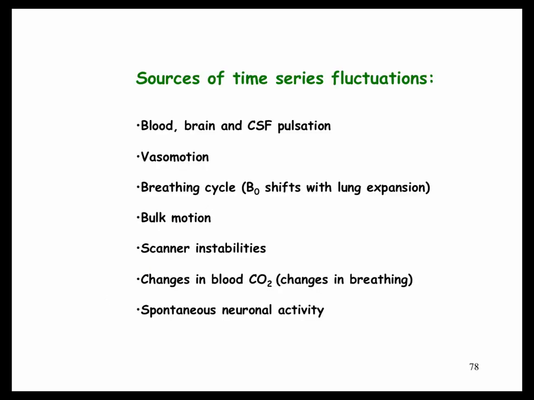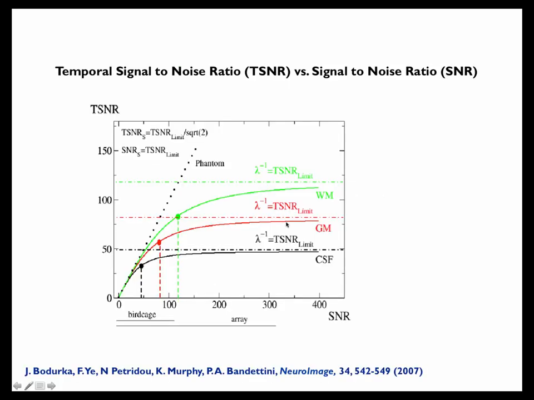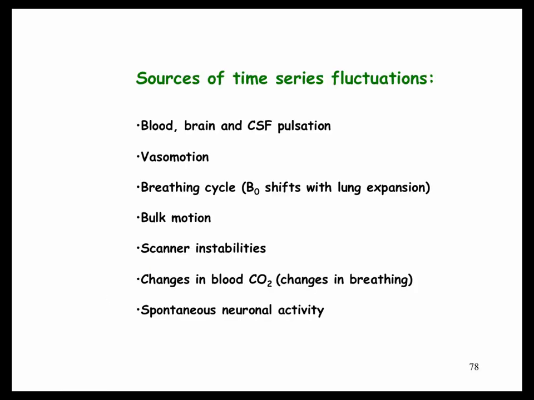I also want to emphasize that we're all working very hard, because I think all of this noise is very filterable. We can get rid of it if we understand it better, such that we can start to move this curve more toward this, but we're not quite there yet. Then you can get much more sensitivity.